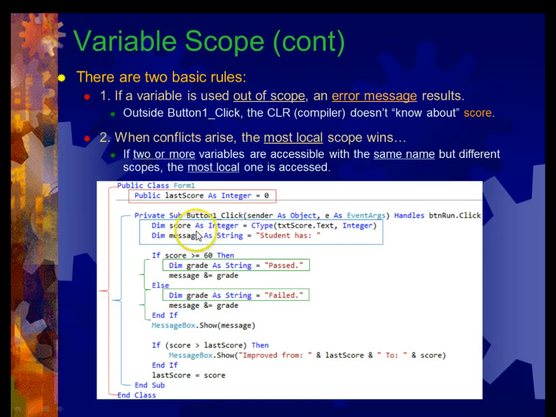So score is defined as 5 here and 10 out here. He refers to that as a conflict. The question is, what will score equal? He says, when conflicts arise, the most local scope wins. Okay? So what does that mean?